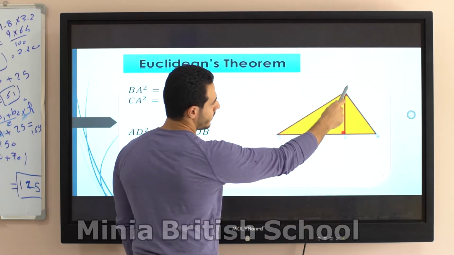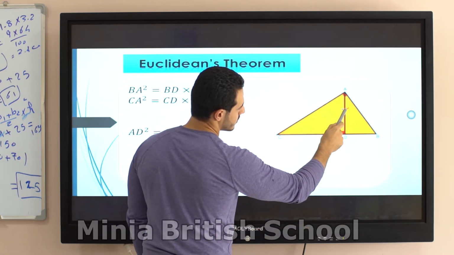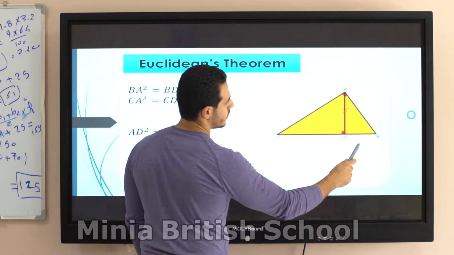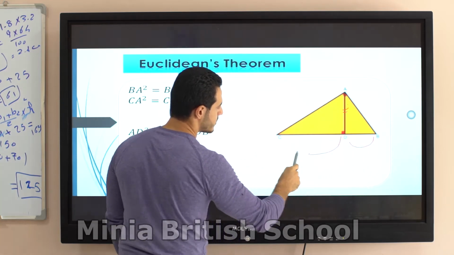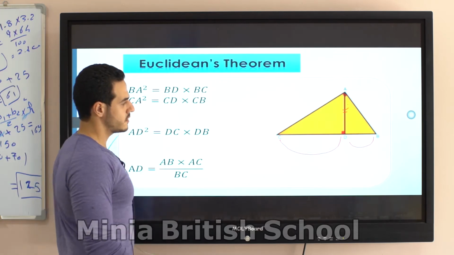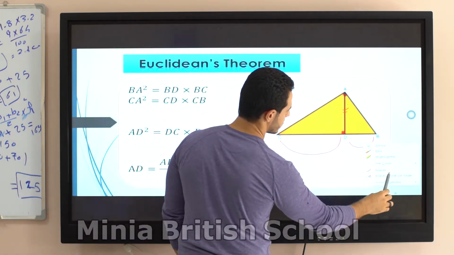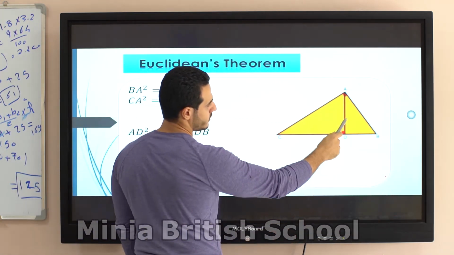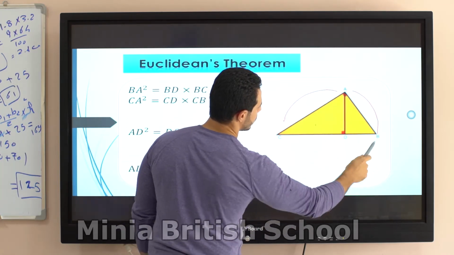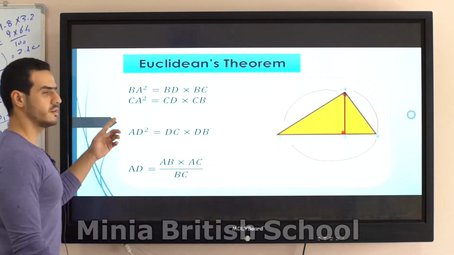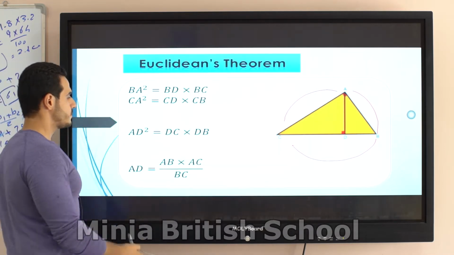To find the perpendicular, AD square equals BD times DC. The last rule, AD equals AB times AC over BC. Okay?